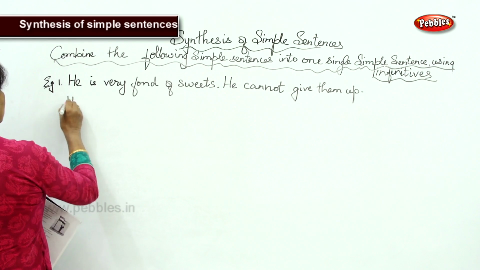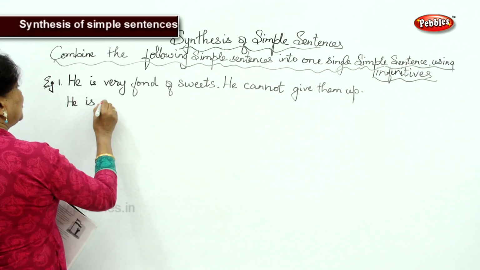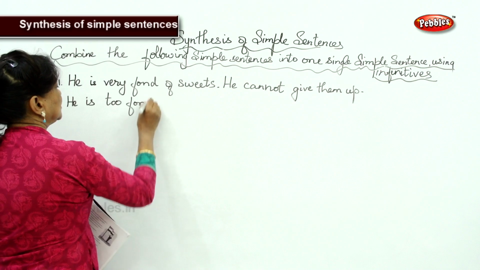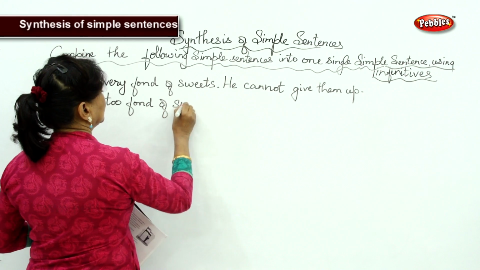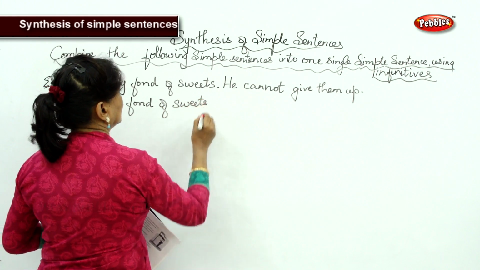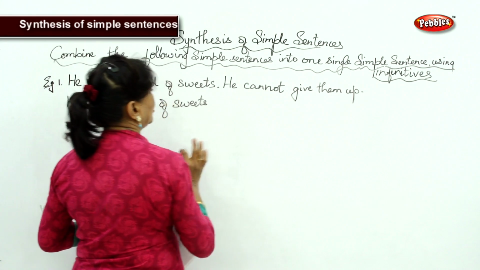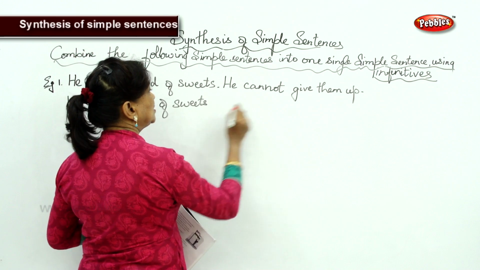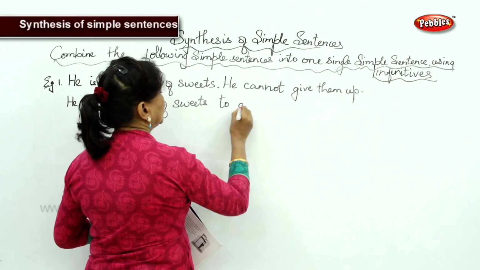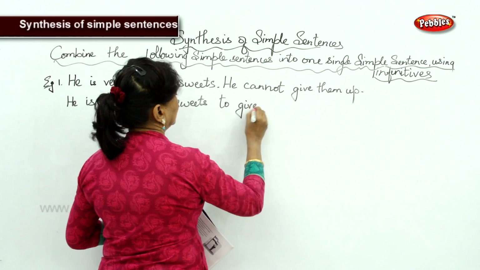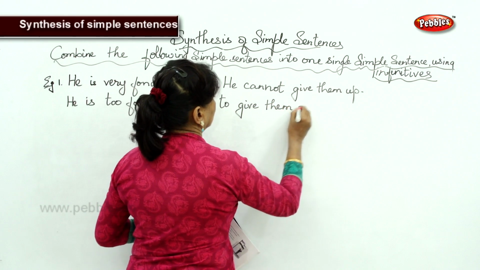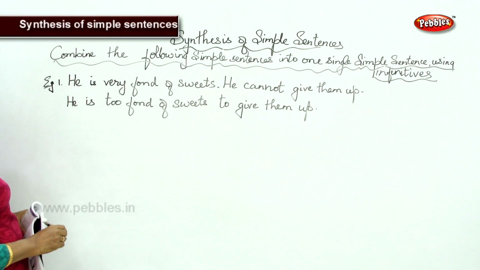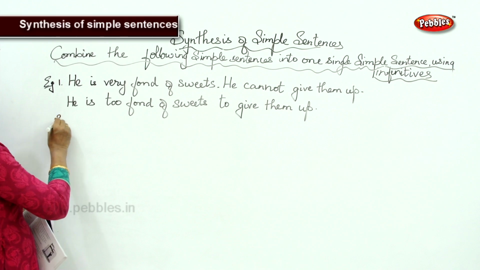Instead of very you are using to. He is too fond of sweets. You are just omitting that he cannot and you are saying he is too fond of sweets to give them up. Have you understood how to make it? Next sentence.